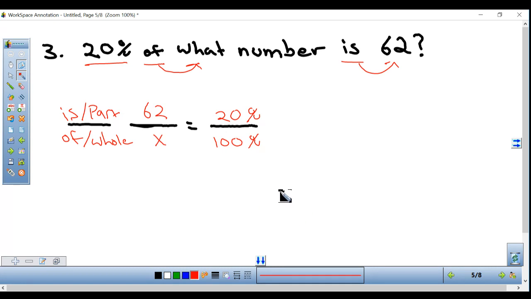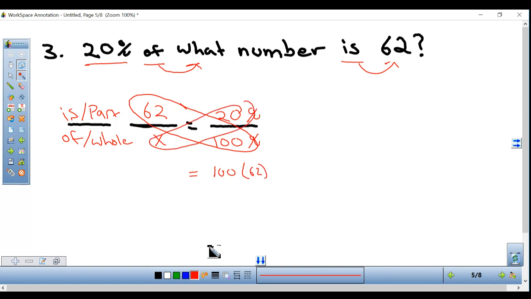And I will cross multiply, use my cross products to figure out what the value of x is. If you've noticed, x has been in a different spot every single question. X moves. It's our job to find out what the value of x is. So we have 100 times 62. And we have 20 times x.